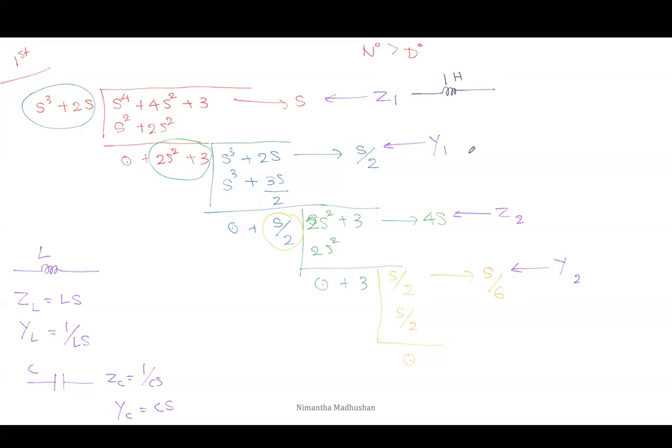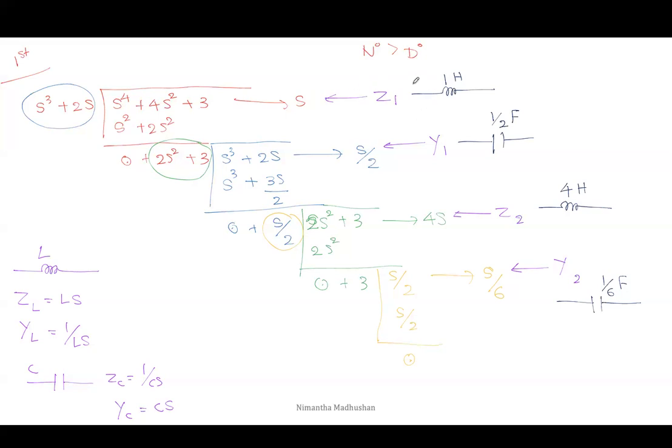And the second one is equal to a capacitor. Value is half. And the third one is again an inductor. Value is 4. And the final element is again a capacitor. Value of 1 over 6. Now we can draw the final circuit.